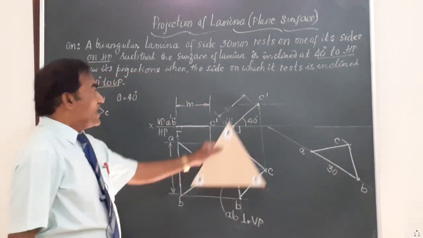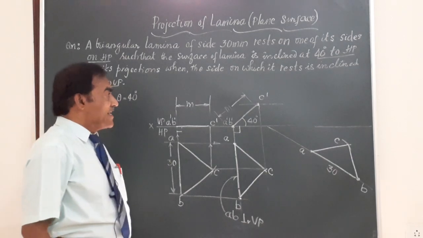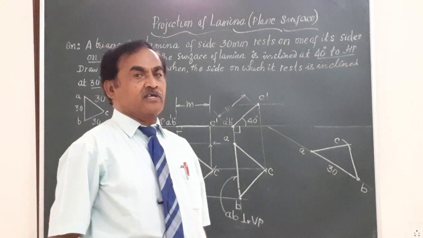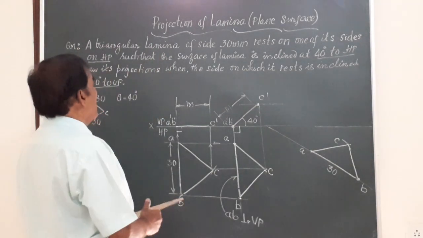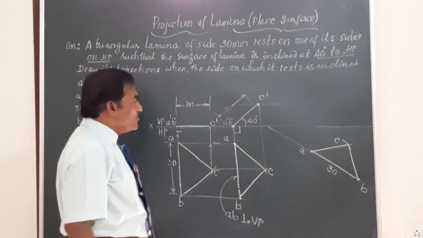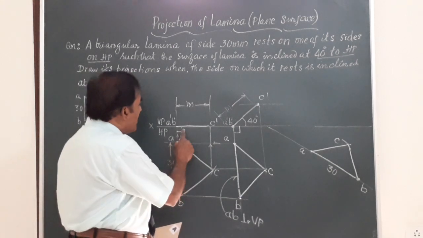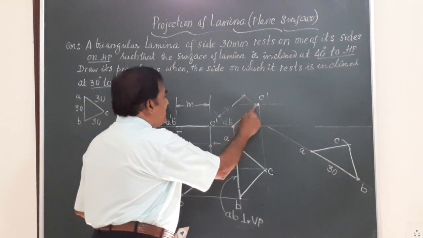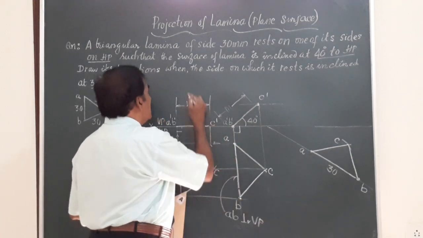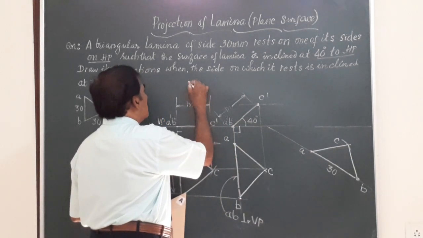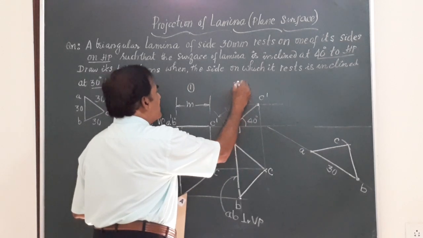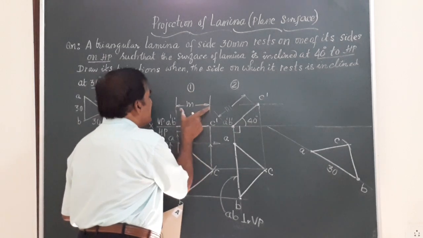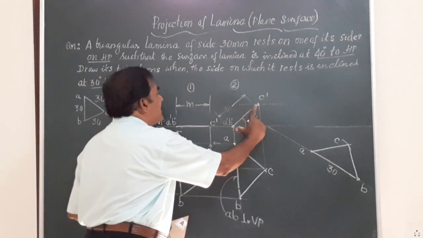Friends, before I complete the front view, I would like to say some important point to be remembered in this chapter, projection of plane surfaces or projection of laminae. Friends, you can see here you got the front view of the lamina, this line of length M, same length is redrawn here. If you call this as figure number 1 and this front view as figure number 2, remember in all the laminae this figure is exactly identical to this.